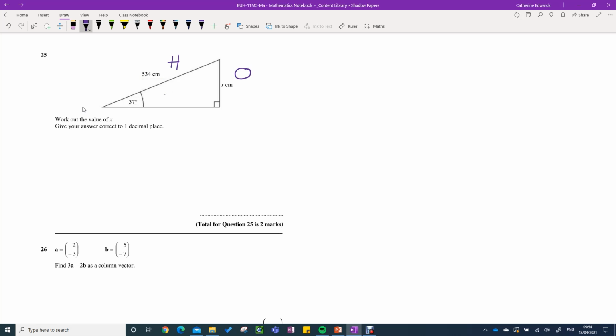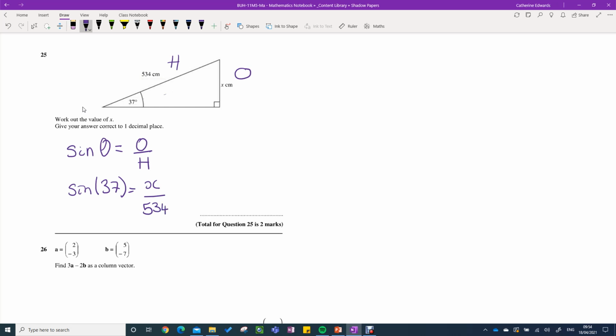So I have opposite and hypotenuse, which means I am going to use the formula sine theta equals opposite divided by hypotenuse. I'm going to substitute in sine and theta. My angle is 37. The opposite is x. The hypotenuse is 534.